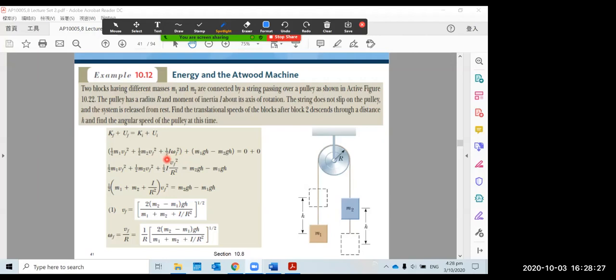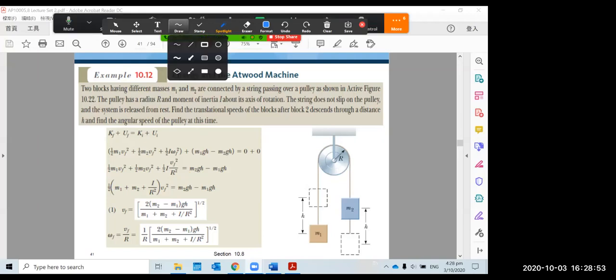The flywheel has an I that is not specified, but its kinetic energy is 1/2 I omega f squared. The connection between omega f and Vf can be obtained through the equation Vf over R equals omega.